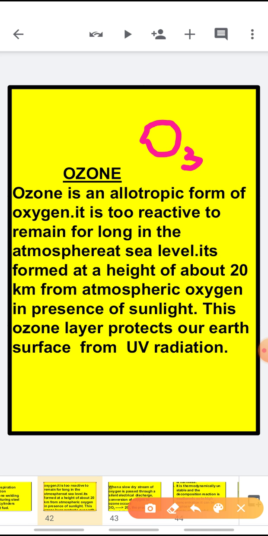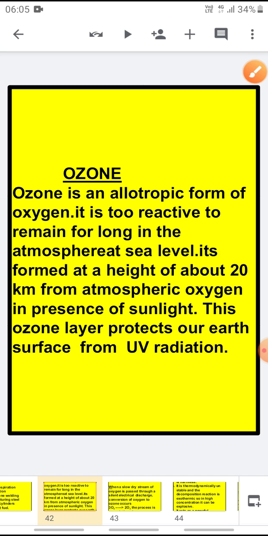That means at ground level it is not stable. It is formed at a height of about 20 kilometers from sea level from atmospheric oxygen in the presence of sunlight. This ozone layer protects our earth from the harmful UV radiations. It does not allow the UV radiation coming from the sun to reach the surface of the earth.